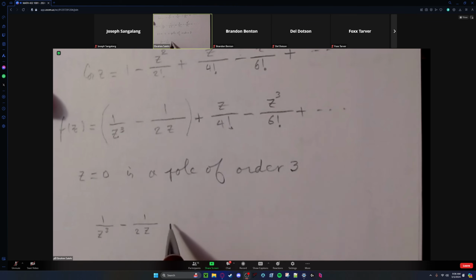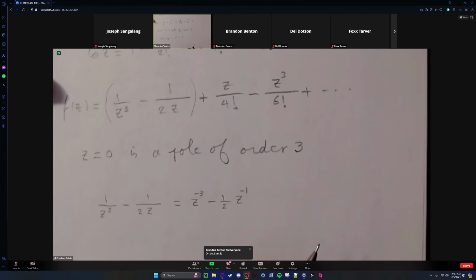Why? Because we can write this as z to the negative 3 minus 1/2 z to the negative 1. This is what I meant by negative exponents of z.